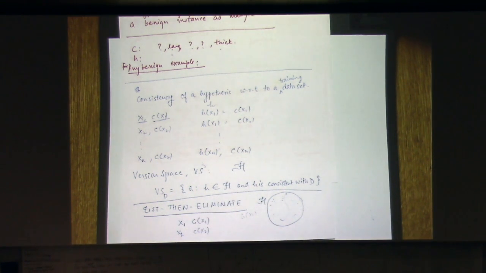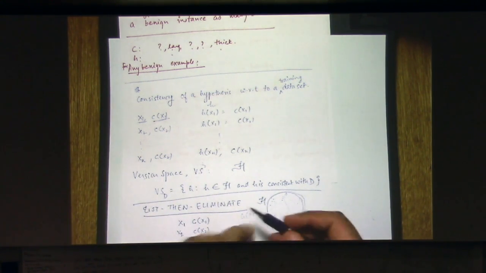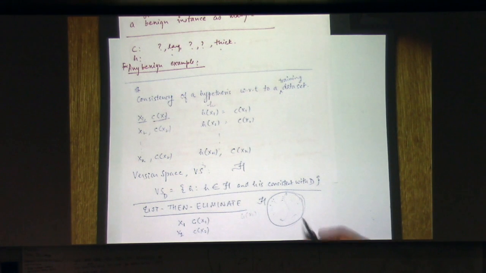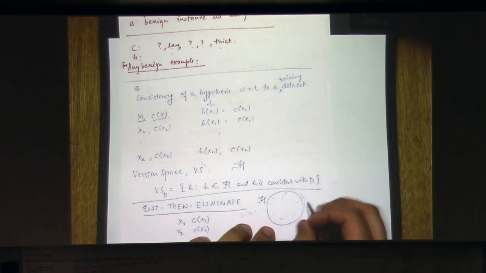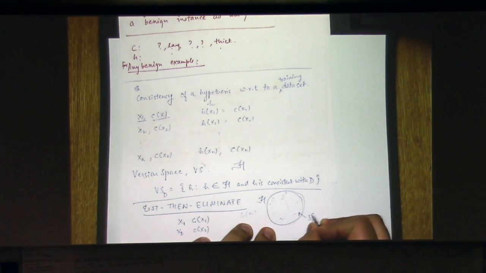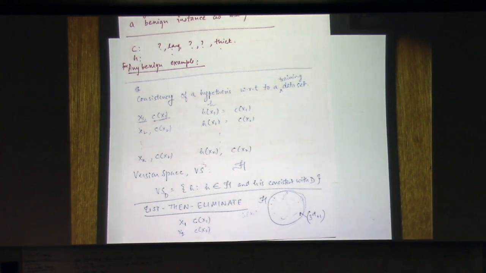So it's a reasonable algorithm, but it turns out it's not a very efficient algorithm. Why? Because if you want to implement it, what you would have to do is list all the possible hypotheses. Remember, if it's a conjunctive concept class, then we are talking about 3^d plus 1 hypotheses. If d is pretty large, let's say even 10, then you're talking about a very large hypothesis space to enumerate.